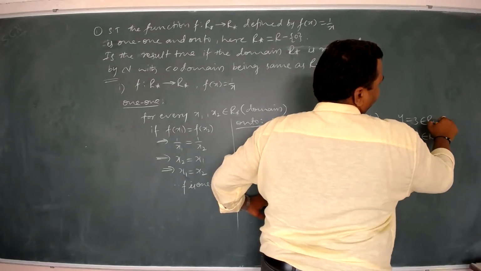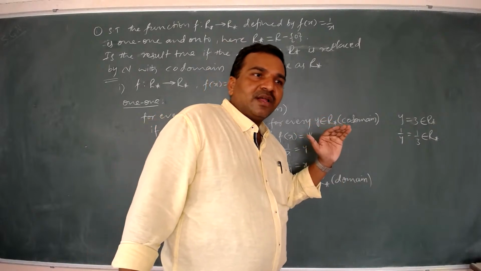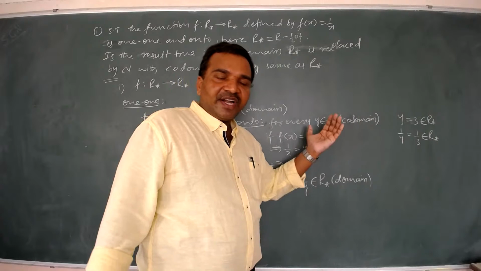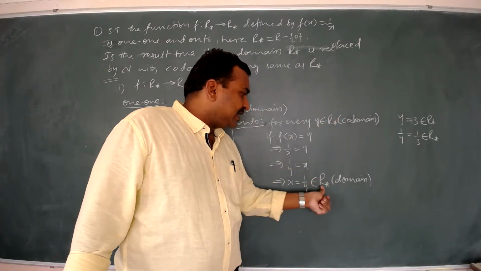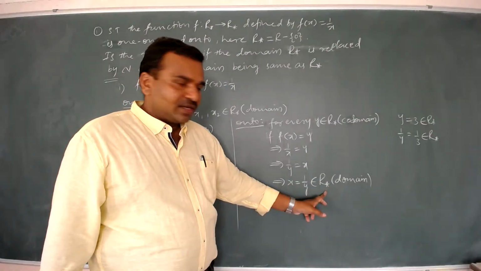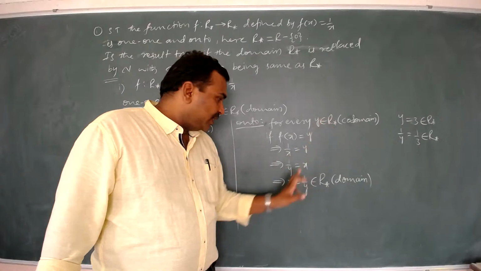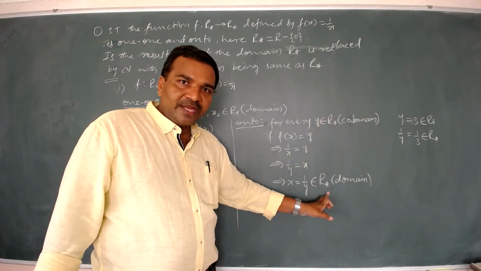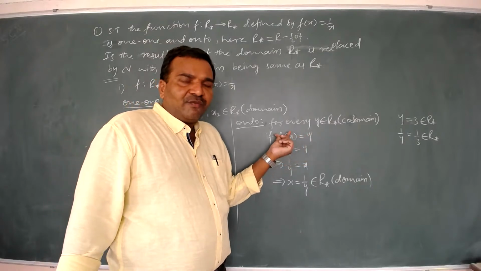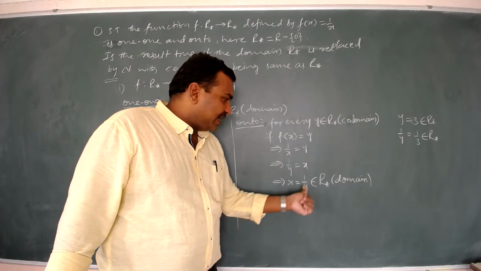So 1 divided by a non-zero real number is also a non-zero real number only. So it belongs to R star. What is the meaning? For every y belongs to the codomain, there exists x belongs to the domain such that f of x equals y. We are just checking now. First of all, if possible, f of x equals y. Now I am trying to find the x value. Yes, we calculated the x value.